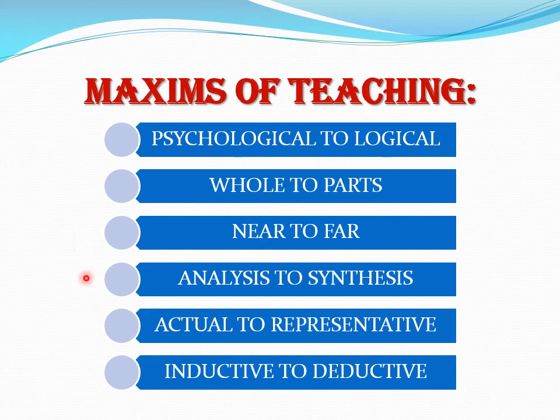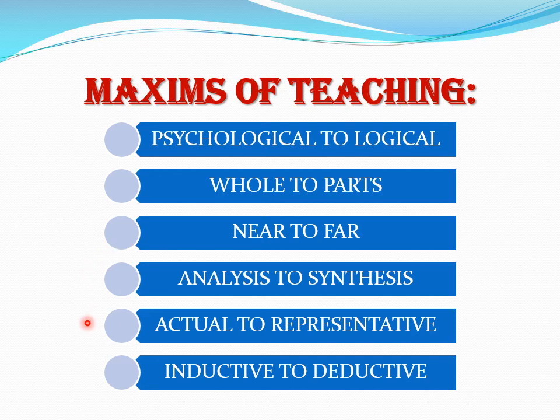Next maxim is to proceed from analysis to synthesis. Analysis means breaking a problem into convenient parts, and synthesis means grouping these separated parts into one complete whole. A complex problem can be made simple and easy by dividing it into different units.